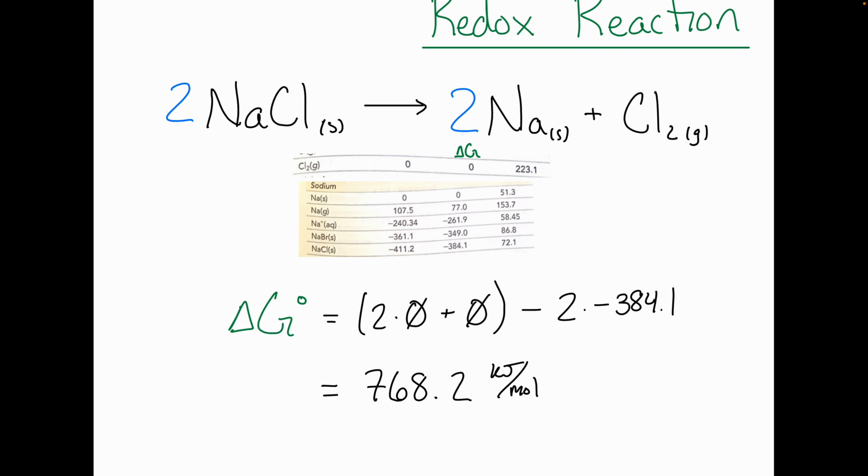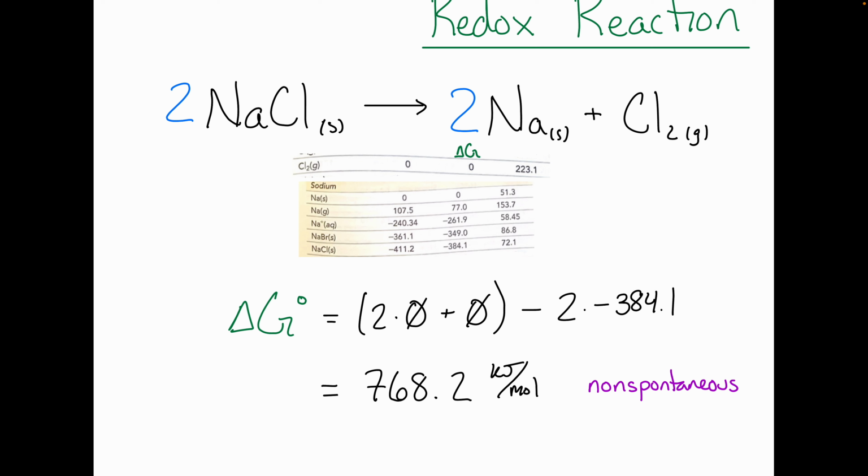And so based on this value, we would say, what about this reaction? It is very non-spontaneous. Which is great, because that means we're not worried about our sodium chloride in our kitchen cupboards spontaneously decomposing into toxic chlorine gas. This reaction really does not want to go in this forward direction here.